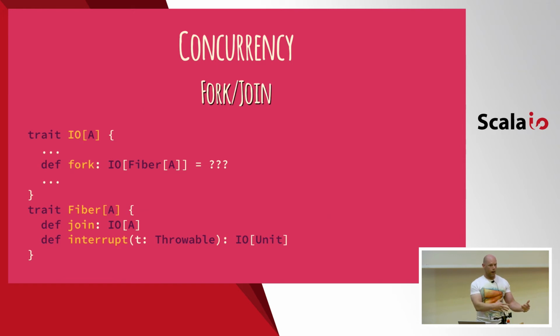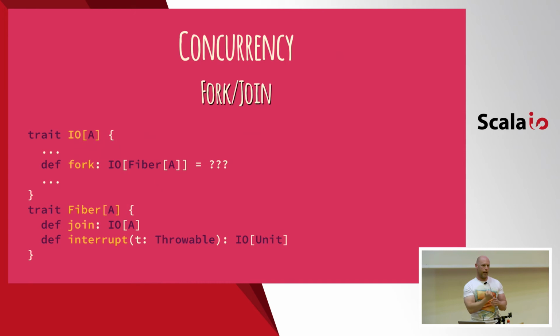Once you add join in there, you can suddenly start defining algebraic laws for these things, and things get really interesting. So the basic idea is this. On any I/O of A, there's a method called fork, and that forks off an independent fiber. And that executes in a fresh stack frame. What it does is give you a handle to the fiber.